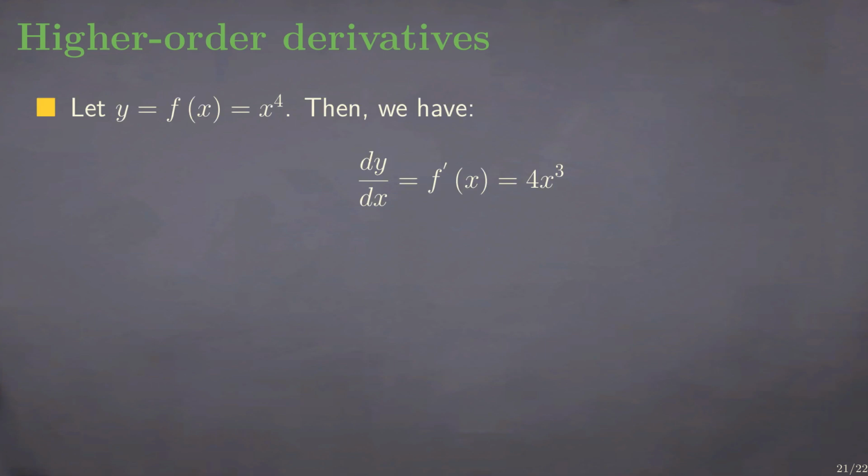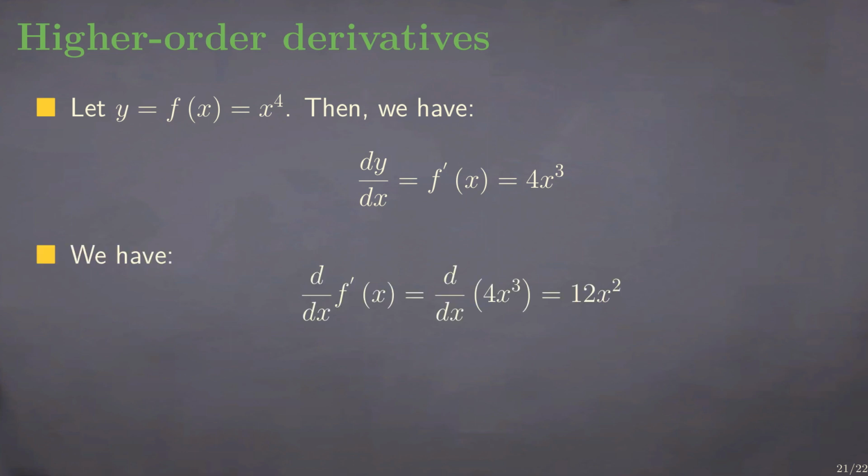So instead of taking the distance function, now we take a general function, and let's take a look at another example. Here we choose f(x) to be x power 4, then the derivative of f is 4 times x power 3, which is another function, right? So you can again take the derivative of 4x power 3, which is 12 times x squared.